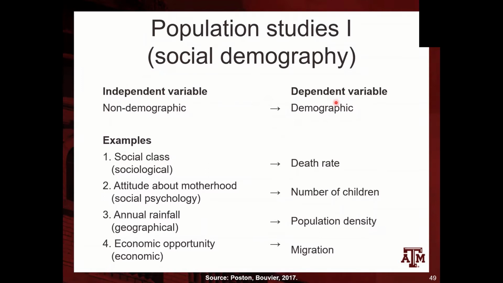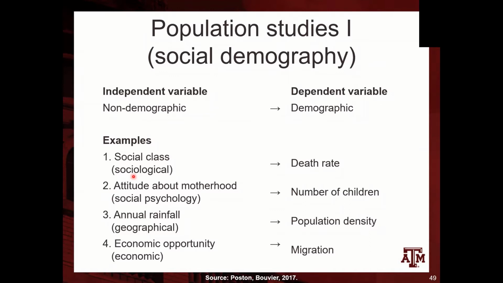And some examples of non-demographic variables here, we have, for example, social class. Social class is a concept in sociology that can be measured in several ways. It can be measured based on income, based on occupation, or based on wealth of individuals, how many properties people have.